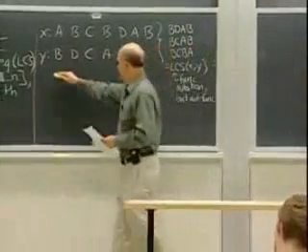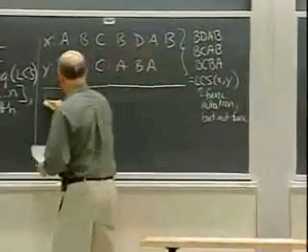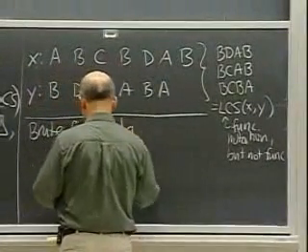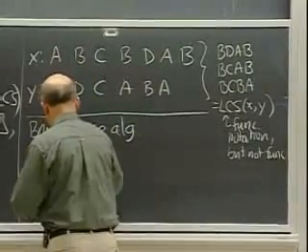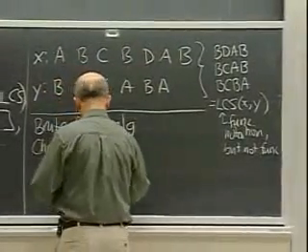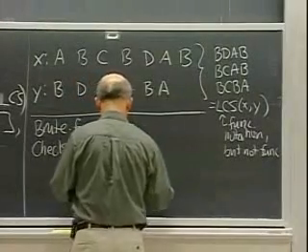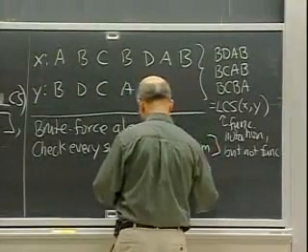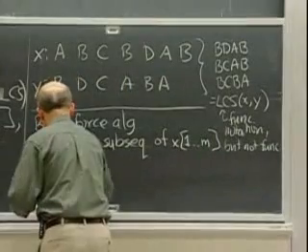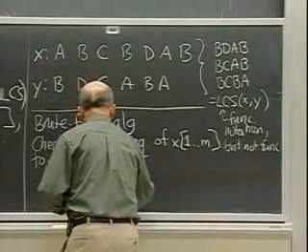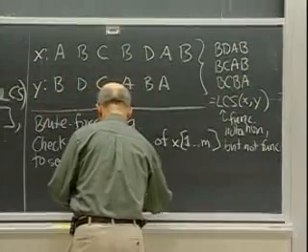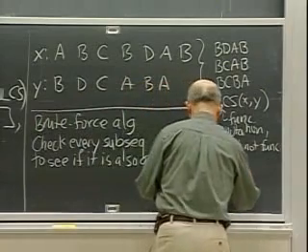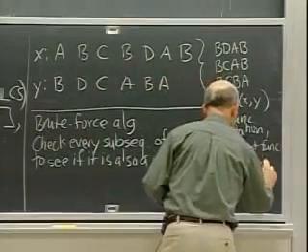Okay, so let's see. There's a fairly simple brute force algorithm for solving this problem. And that is, let's just check every subsequence of x from 1 to m to see if it's also a subsequence of y from 1 to n.